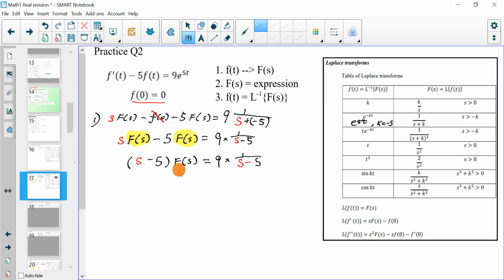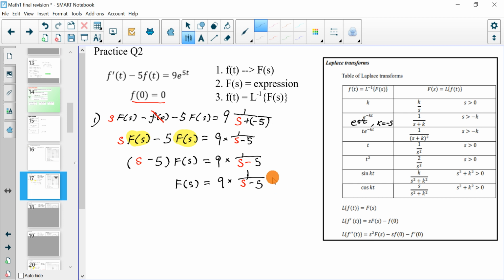If I want simply the f of s expression, I would divide the bracket of s minus 5 on both sides. On the left side, once you divide that bracket, it's no longer there. On the right side, you will have 9 times, so copy everything down first, 1 over s minus 5.